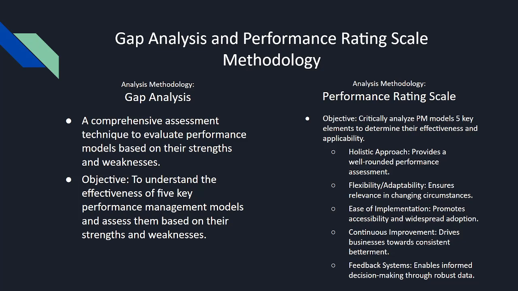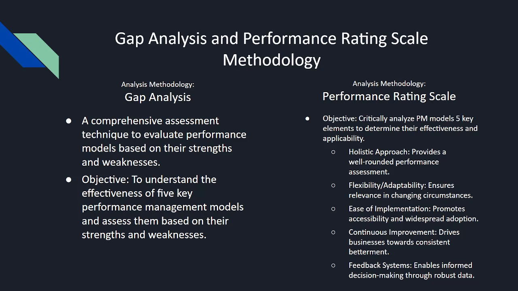So the performance rating scale uses, I just decided on, 5 different key elements. Within a PM model, you should have a holistic approach, which is a well-rounded performance assessment. It needs to have flexibility or adaptability, which helps ensure relevance in changing circumstances.